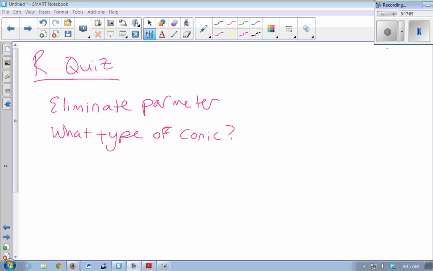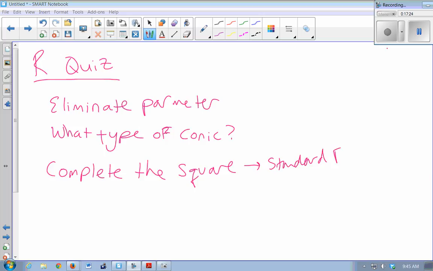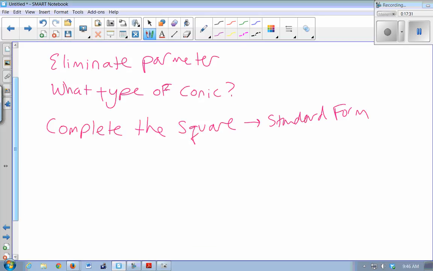There's a complete the square to go to standard form. And then again, what type of conic is it, and graph it. This one I think I also asked you to graph.